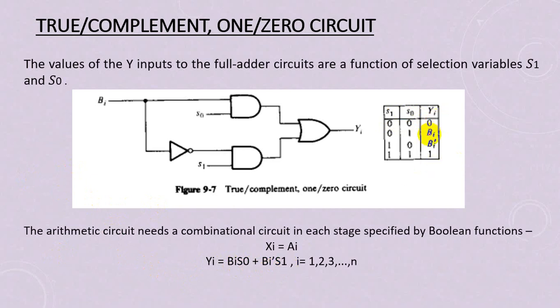This is the equation of Y, and the equation of X has no change: X equals A, and Y equals B S0 plus B bar S1. So we have found the equations of X and Y. Y is the modified B, and X equals A, unmodified, for the arithmetic unit design.